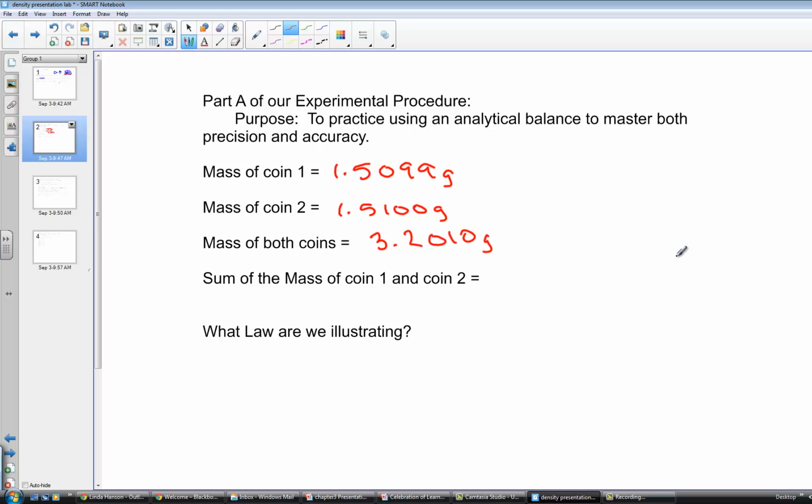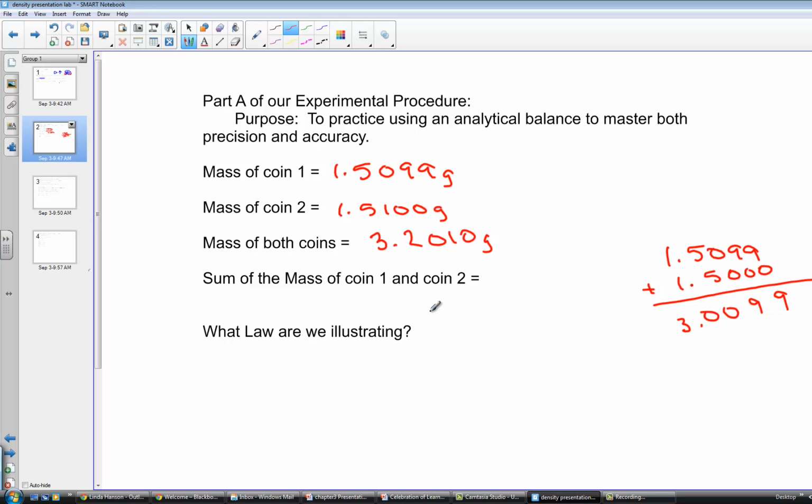Let's make a statement on how close that accurate value is by taking the sum of penny 1, again a made-up number, with the sum of penny 2, and what would that denote to be? Carry my 1, 3.0099.